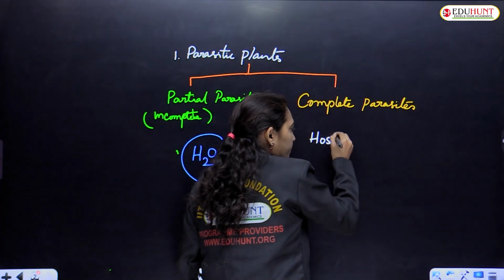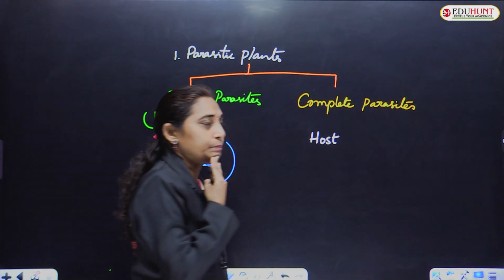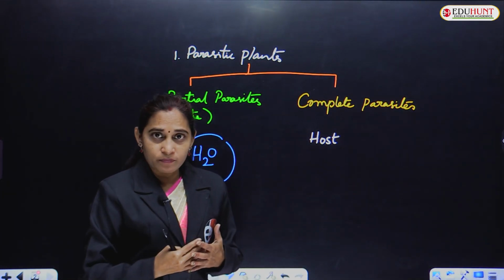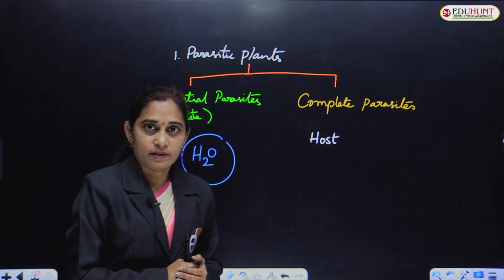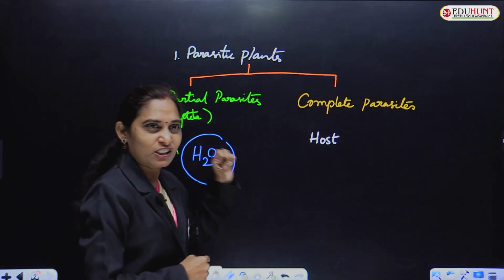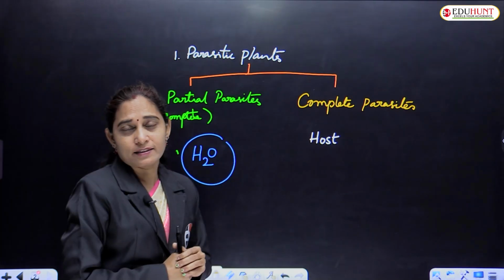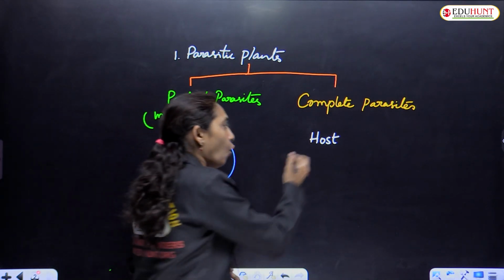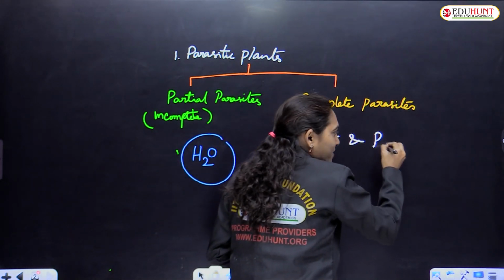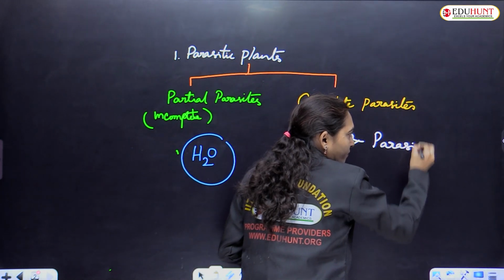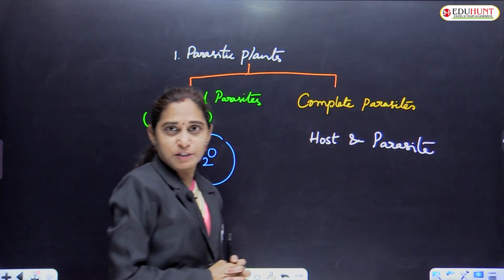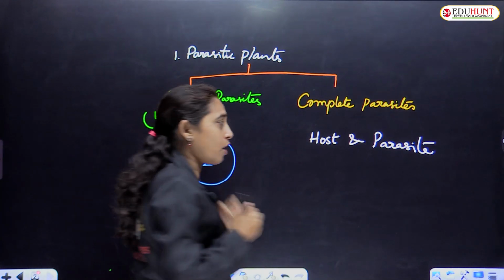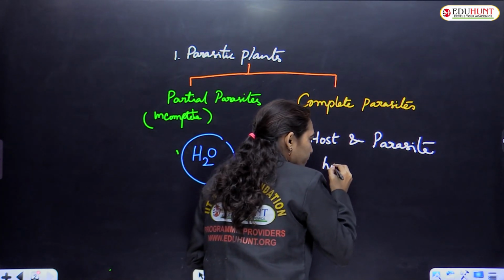The plant which provides food is the host plant, and the plant which takes food is the parasite. There is an association between host and parasite. These parasitic plants have special structures called haustoria.